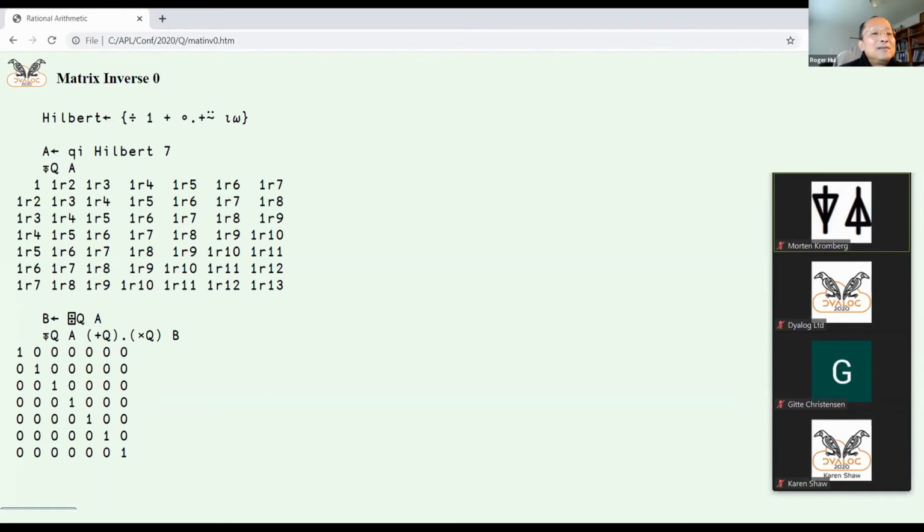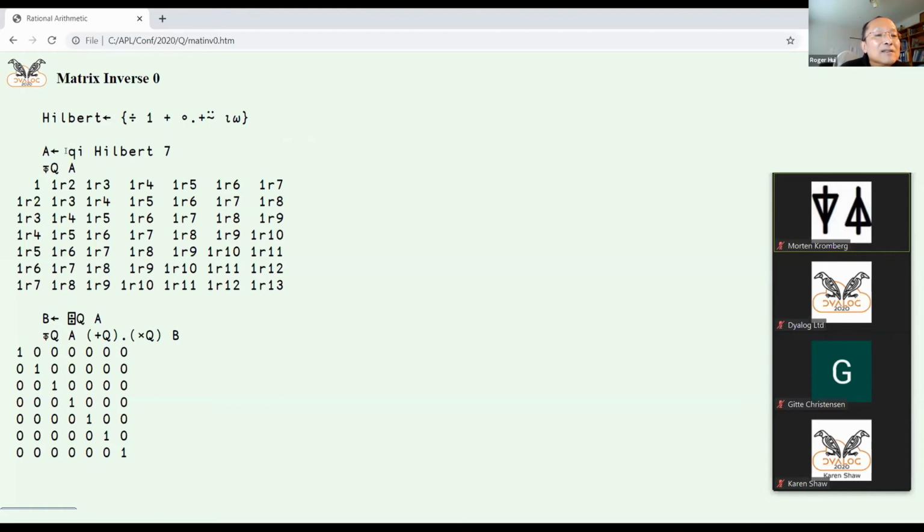To illustrate that, I'm going to use the Hilbert matrix. Even in the display and the representation of the Hilbert matrix, you can see that it's already better than floating point numbers. You can see the structure much better. Now the Hilbert matrix is proven to be invertible, but it's also proven to be extremely close to being singular, very close to being non-invertible.